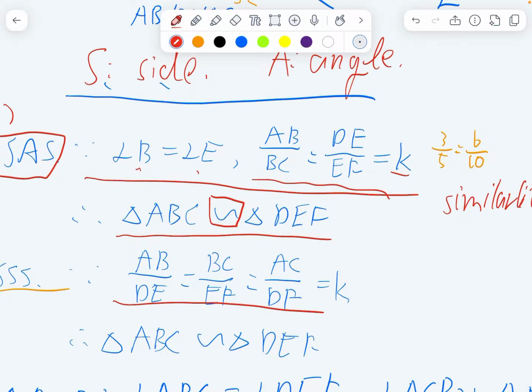So we can get triangle ABC similar to triangle DEF.